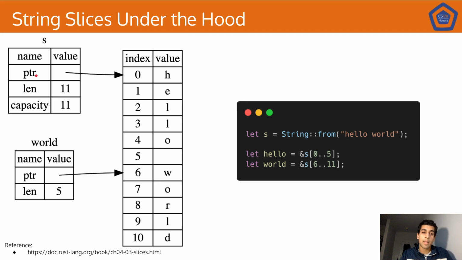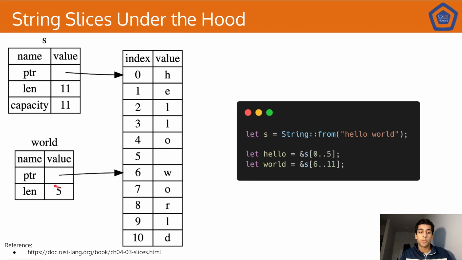And in memory, we have this array with all of these characters. When we try to create a slice, we are essentially creating a pointer, a reference to this piece of data. Under the hood, our slice might look like this: simply a pointer to some place in memory and the length of our slice.